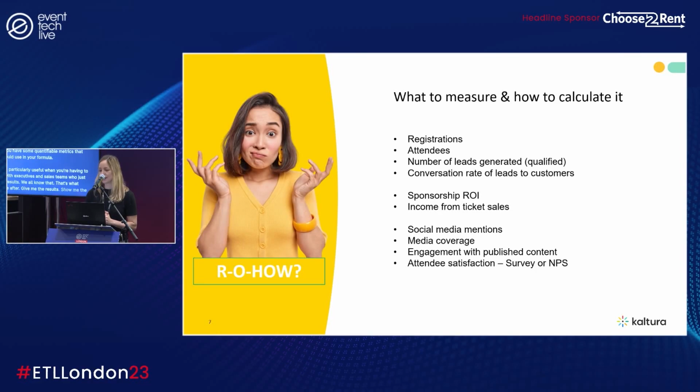And you have to justify why you're putting on events to them. So trying to forecast ROI is very difficult, but whilst you are not able to give them that exact number to justify an event you want to put on, you can show them what you plan to measure, and that can help drive a decision.